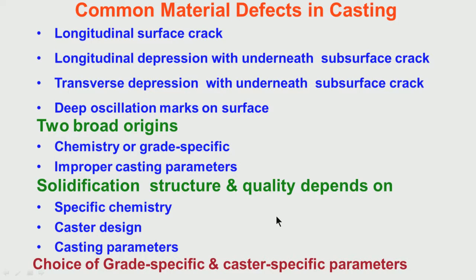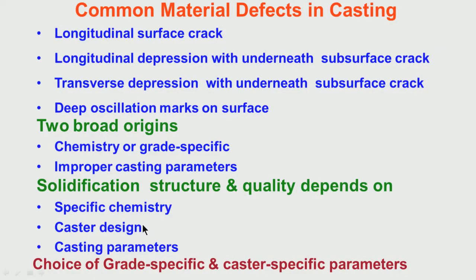Again, this bow type or vertical type, because if it is a vertical type, then first you have to give a bending to the strand after it comes out of the mold, and then you have to unbend it, you have to straighten it. That means you are putting some additional strain on the surface of the cast product.